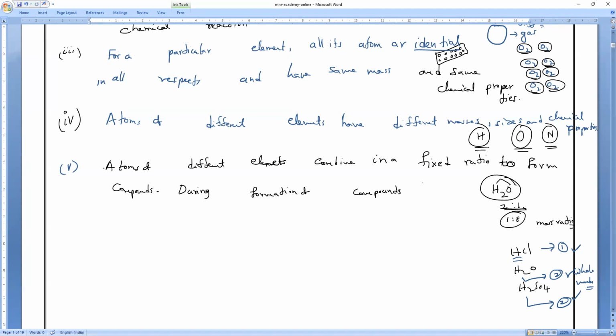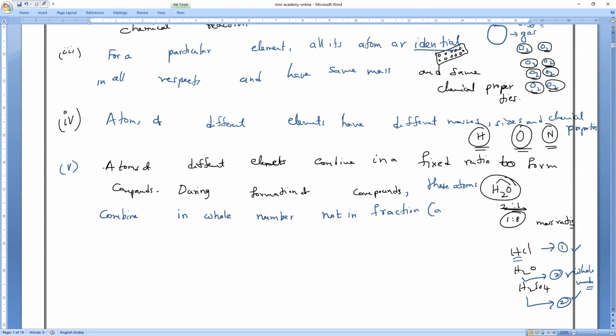So during formation of compounds, these atoms combine in whole numbers, not in fractions. Clear, everybody?